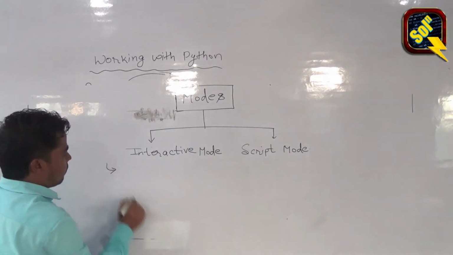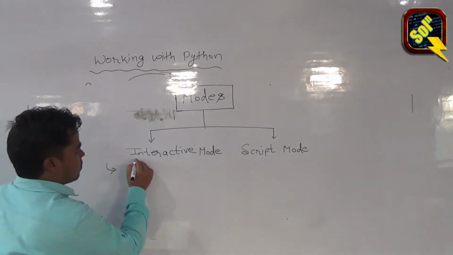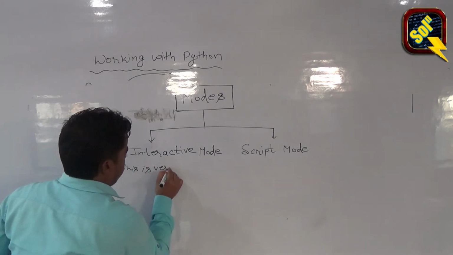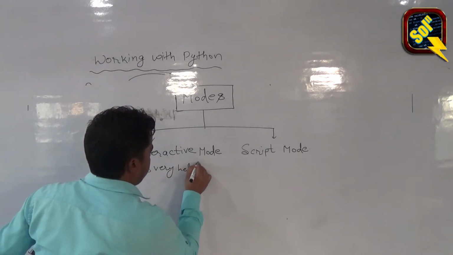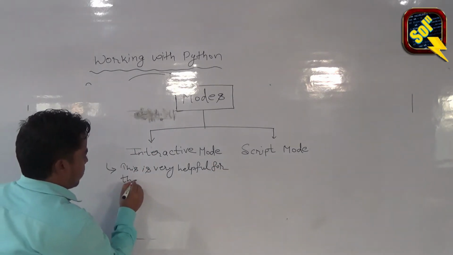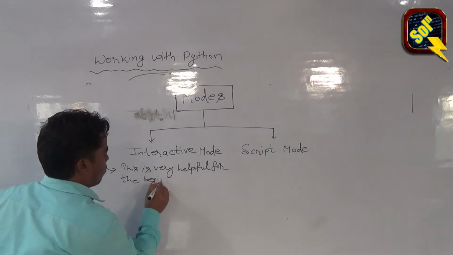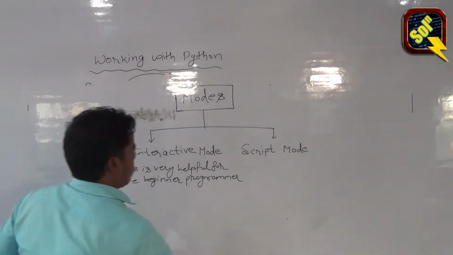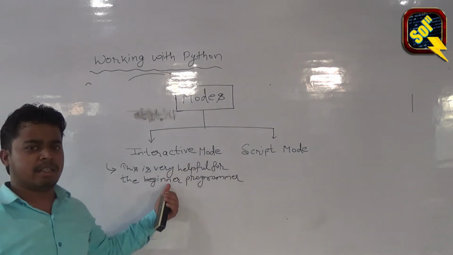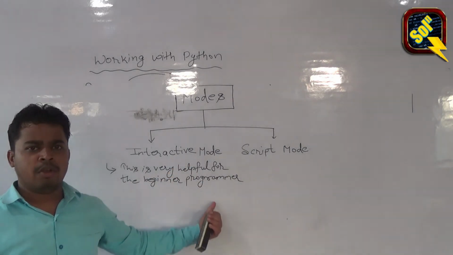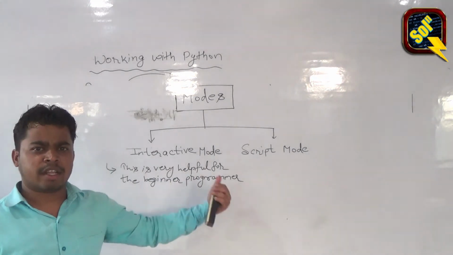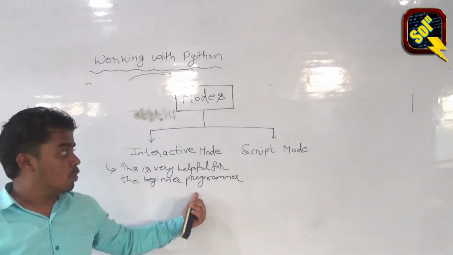Okay, so interactive mode is very helpful for the beginner programmer. So basically what does it mean? In the interactive mode, a beginner programmer can easily write the code and execute the code also with a simple step. In this we need to write the code and just press the enter key in order to run it.